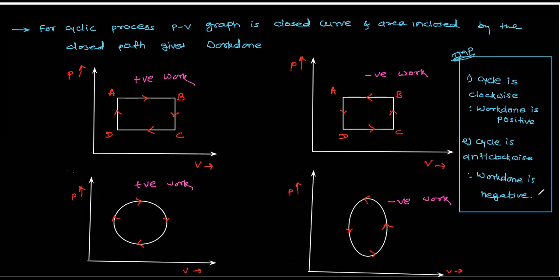Cycle is clockwise, work done is positive. Cycle is anti-clockwise, work done is negative. So you have to keep this in mind. And the area bounded, I already told you, the area enclosed by this closed path gives the work done. So note this down and try to understand. If you have a doubt, just call me.